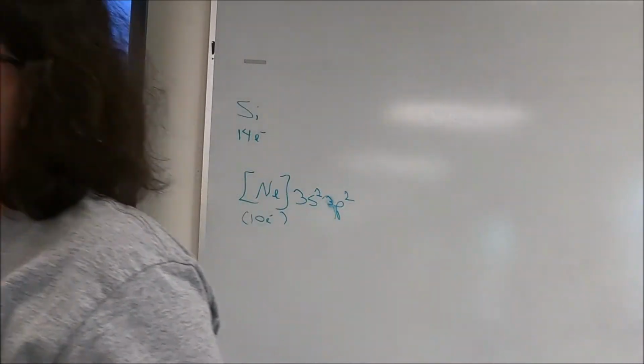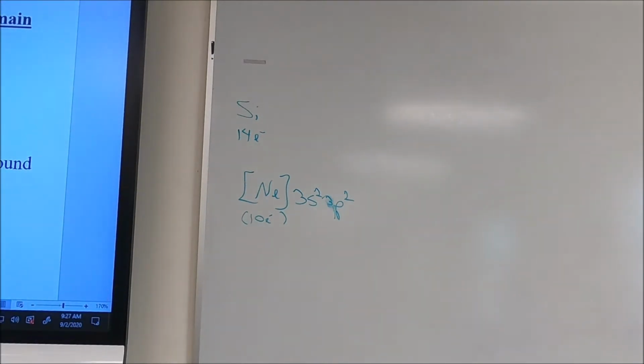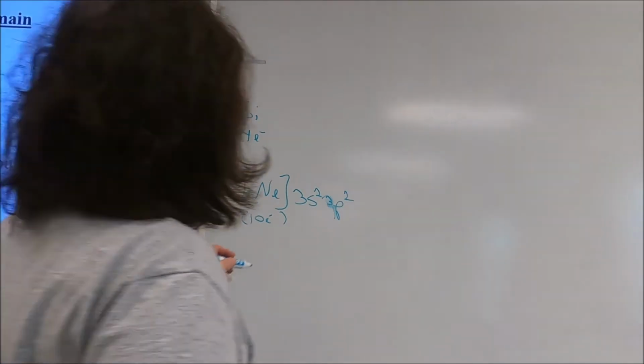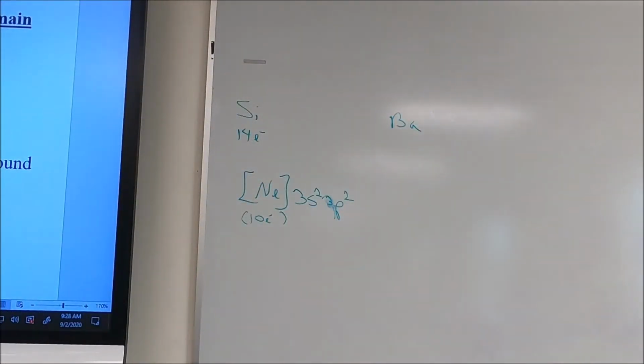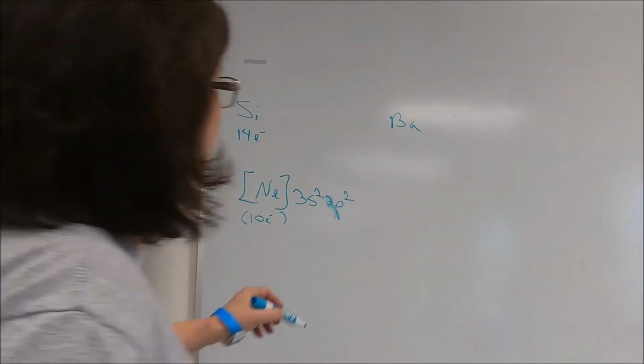Okay? If we look at, let's say, barium. Barium has 56 electrons.